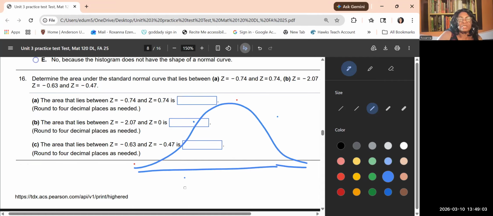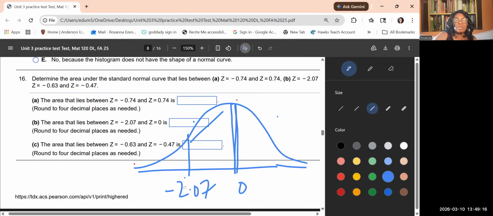The left bound is negative 2.07. The mean is the line of symmetry. The mean is 0. And I'm looking for the area between, the shaded region.